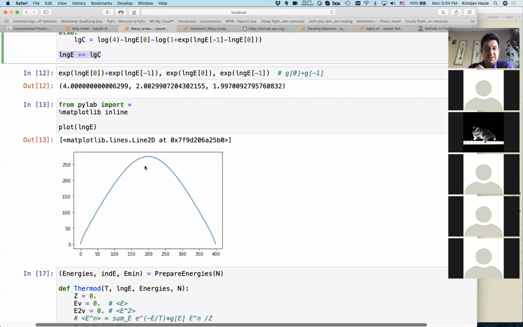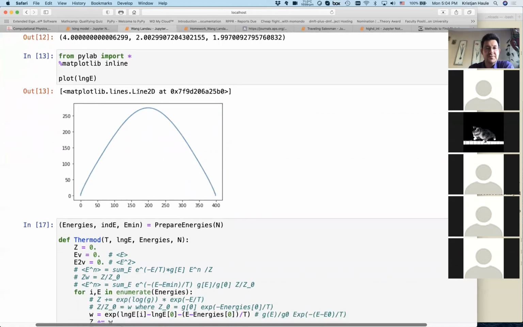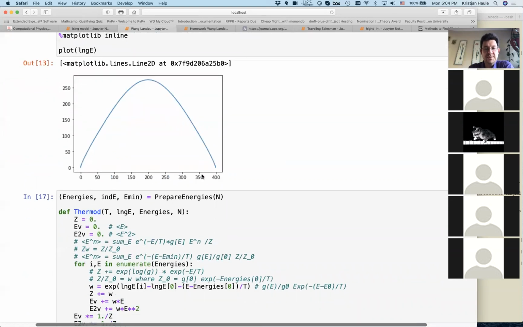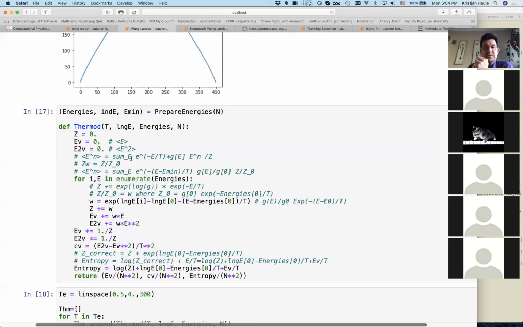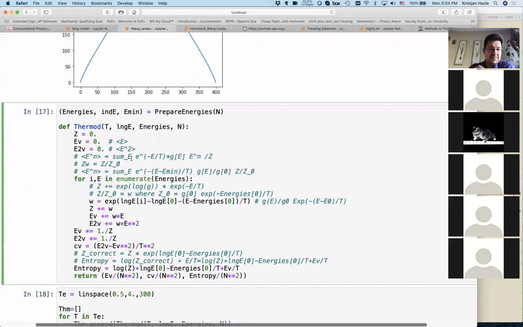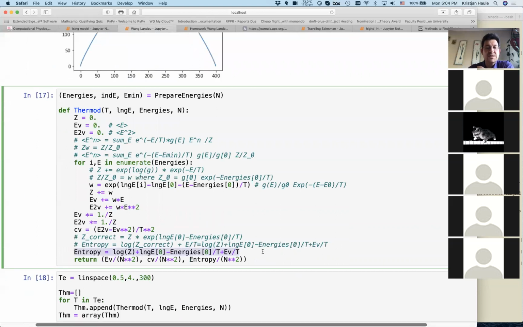We see that this value in the center, where there is large degeneracy, is very large, of the order of e to the power of 250, and of course at the edges it should be 2. And then we said that from this we can calculate thermodynamic quantities. We said that average energy and specific heat can be calculated, and I also added entropy today, which is maybe slightly harder to calculate, but nevertheless completely straightforward.